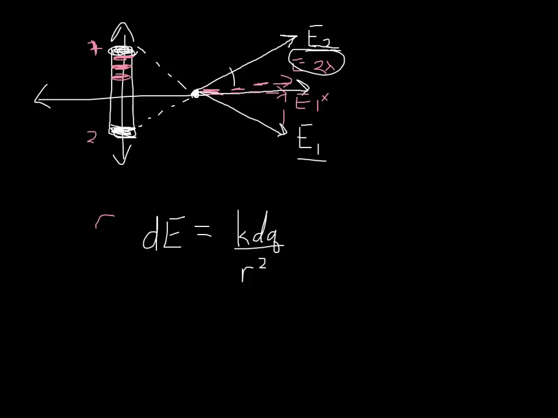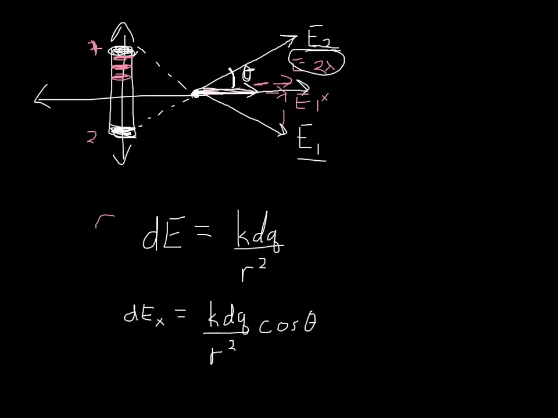So if I look at the angle that these fields make with the x-axis, the angle is theta, and if I want only the x component, the adjacent side of this triangle that I've drawn, then dE in the x direction has to be equal to k times dq over r squared times the cosine of the angle. I'm selecting out only the adjacent component because that's the only component that is contributing.